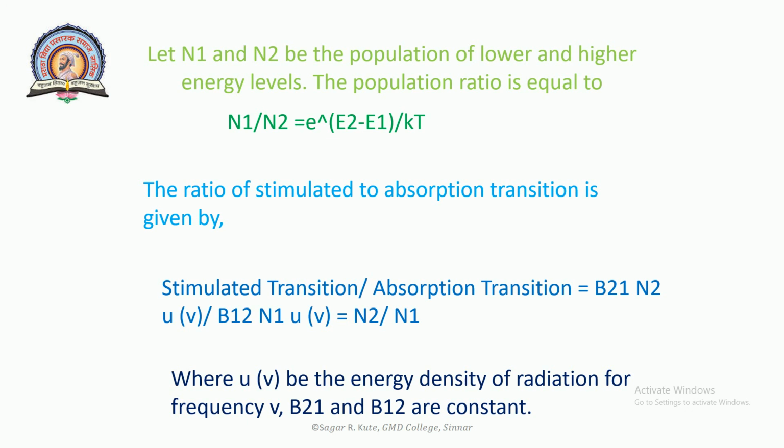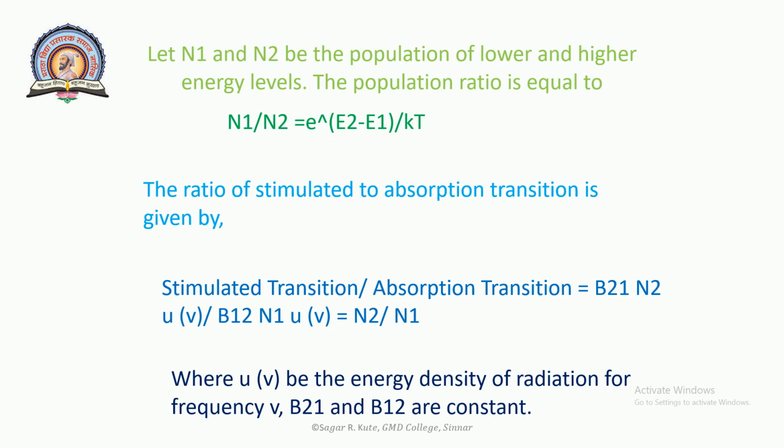Hence, a non-equilibrium condition is created artificially in which the higher energy level population largely exceeds the population in the lower level. This state is known as population inversion. In this state, the population distribution of levels E1 and E2 is inverted. This condition of population inversion can be achieved only by applying negative temperature.